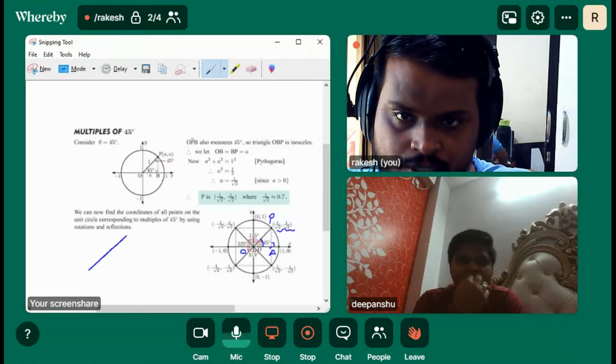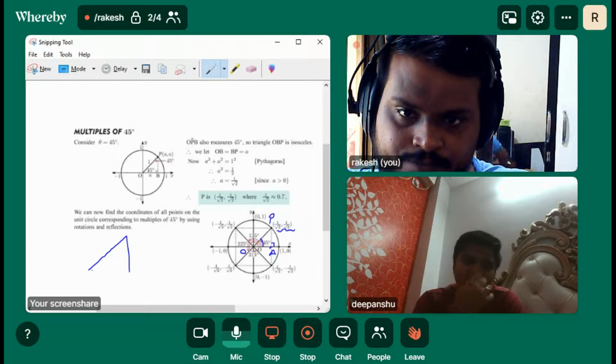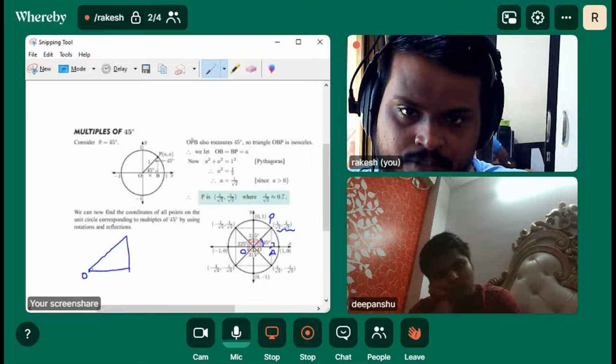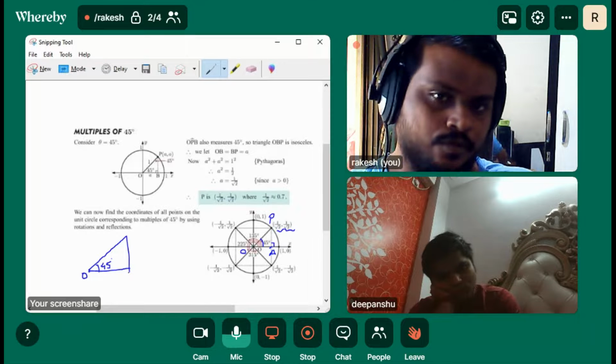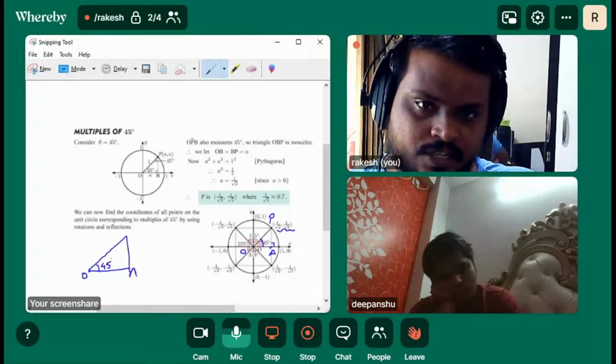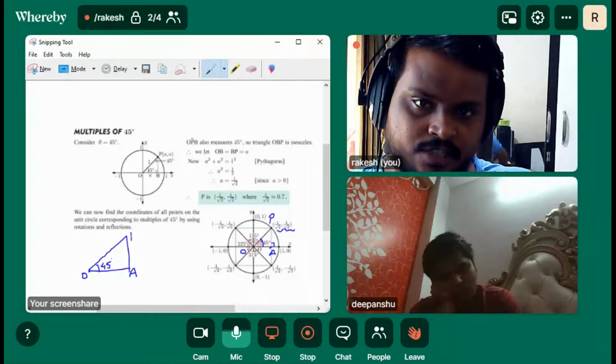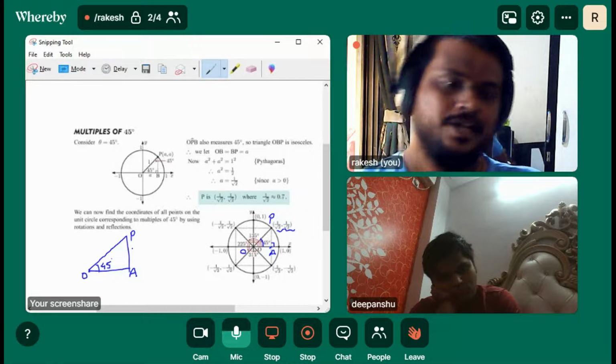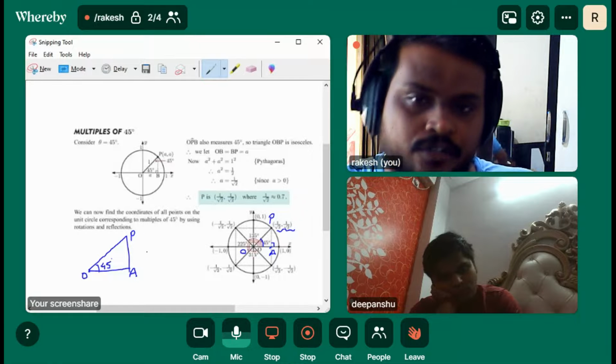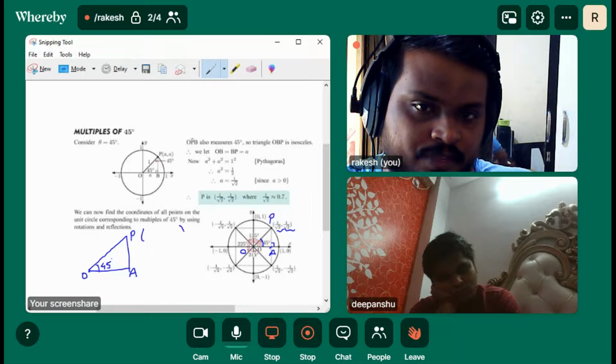So our diagram is like this, where this point is center, which makes the angle 45 subtended at O origin. This point is A and this point is B. We are interested in finding the coordinate of point P, right?